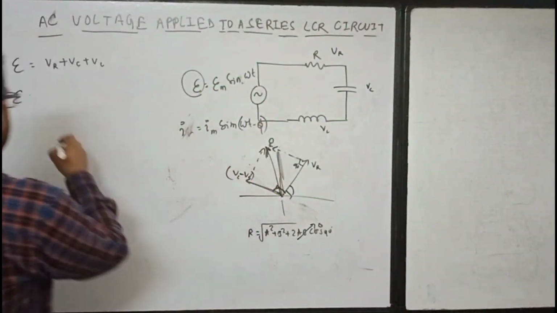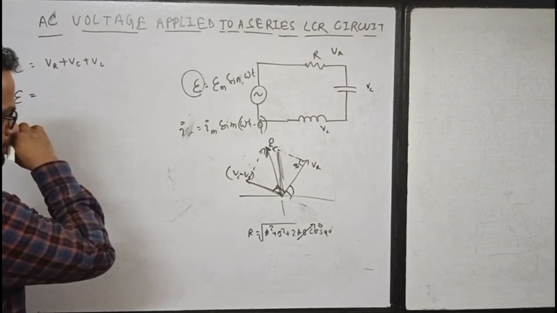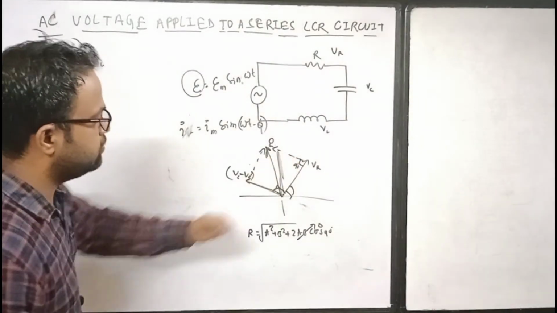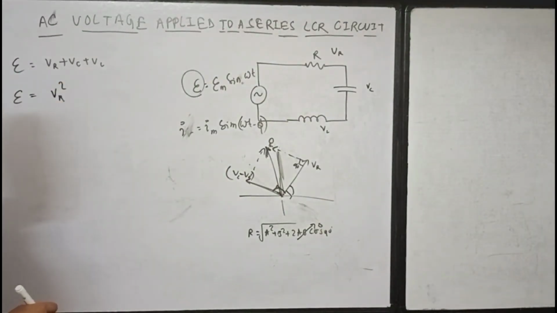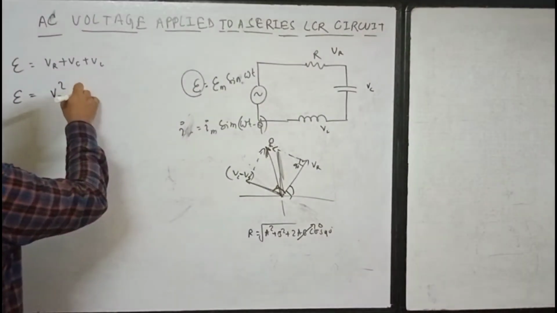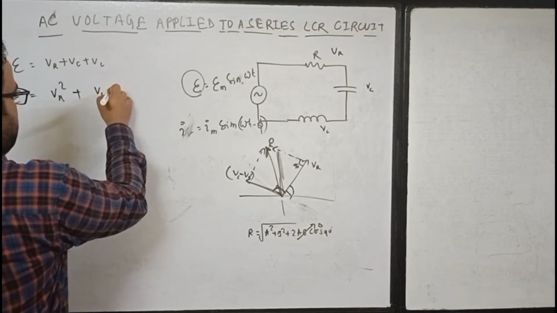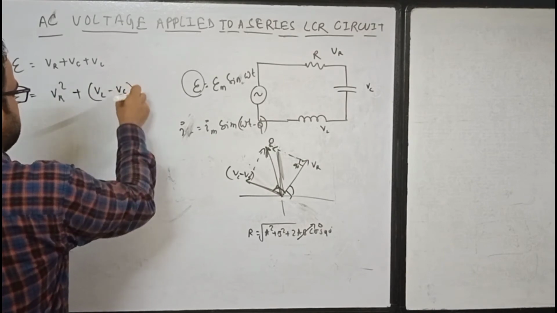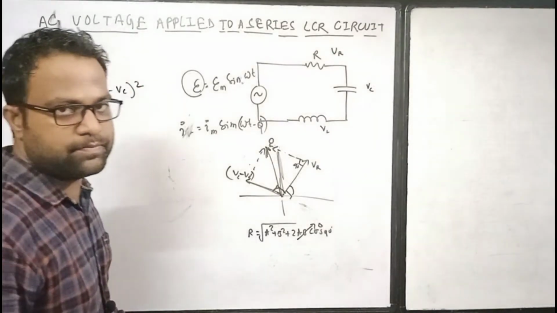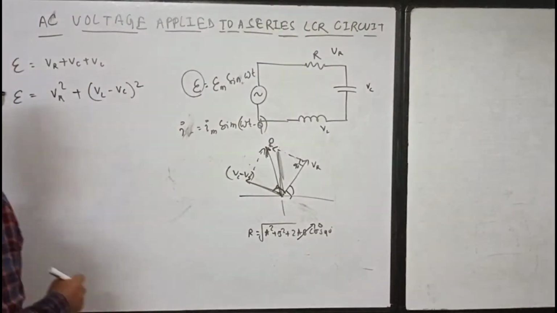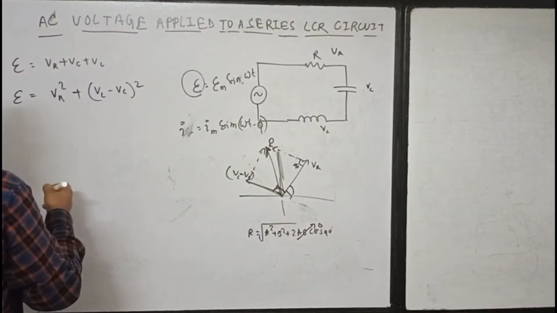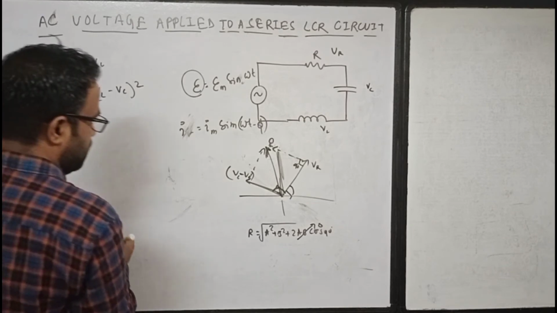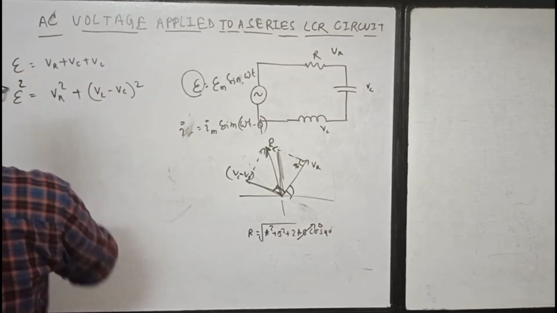So here we can write that E is equal to the square root of VR square plus VL minus VC whole square, right? And you can also write this as E square.